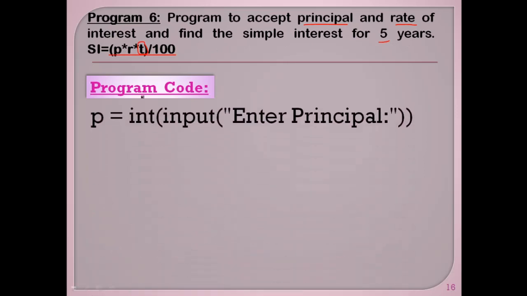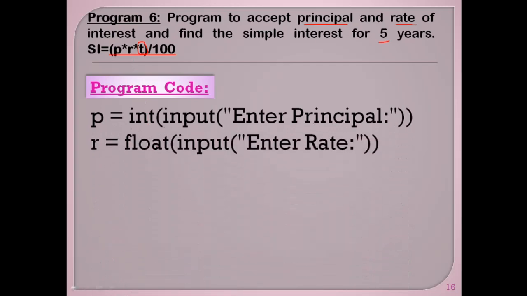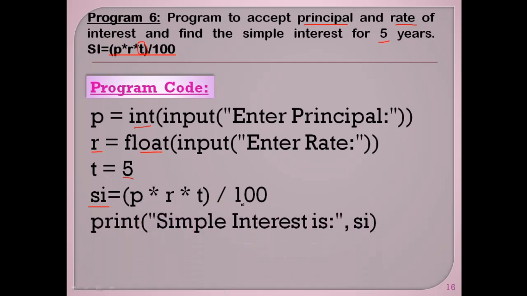So the program code is P is equal to int input, enter the principal, R is equal to float input, enter the rate. I am accepting an integer input and a float input. Rate will be stored as a float value, and time I am giving as 5 as given in the question. And next I am calculating the simple interest. The variable is SI, P into R into T by 100, and displaying the simple interest SI.